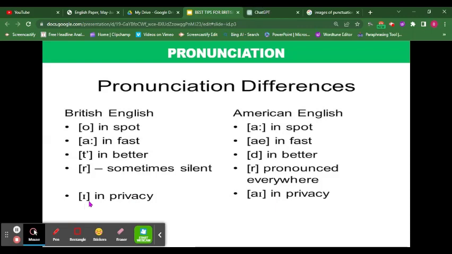Then the sound of I, as in privacy in British English, is pronounced I. The diphthong I in American English, as you have in privacy. British English, privacy. American English, privacy.